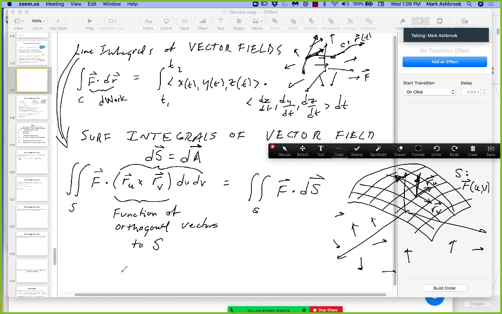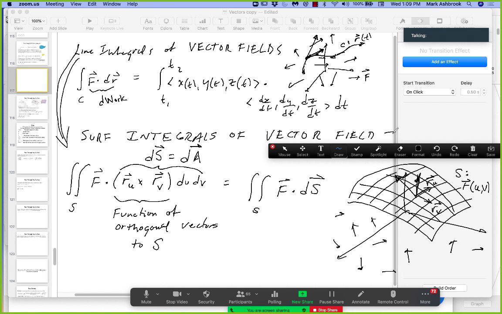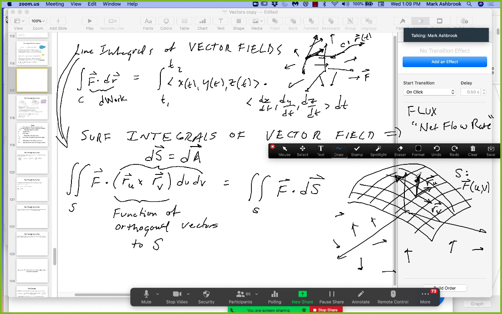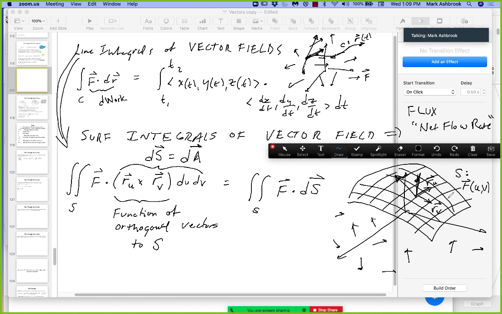So what we get then is what's called flux, which is net flow rate. It's actually evaluating how much, according to f, goes through that membrane, right? So that's why we care about the orthogonal direction.